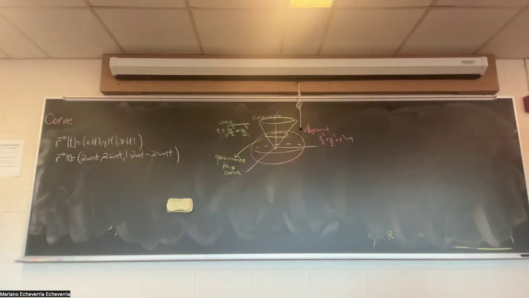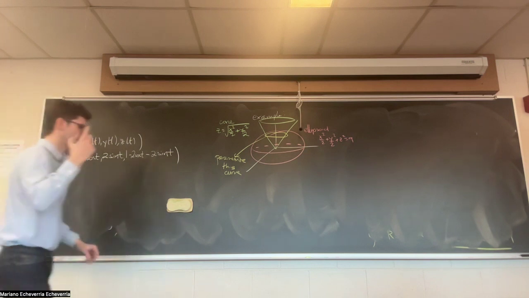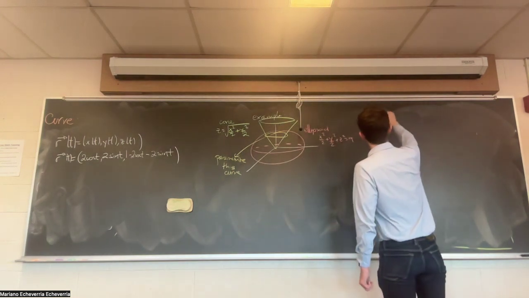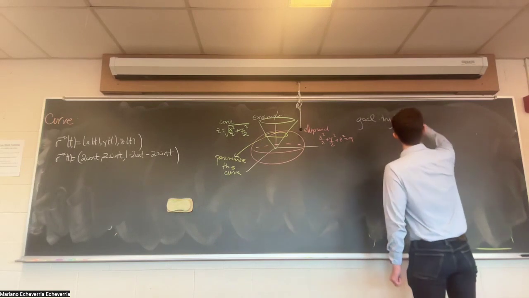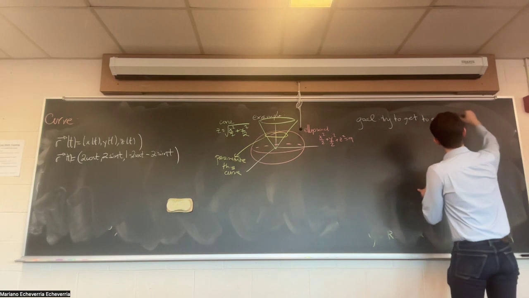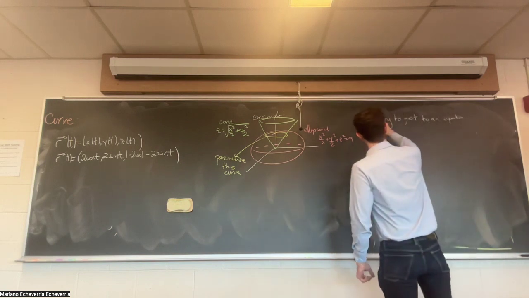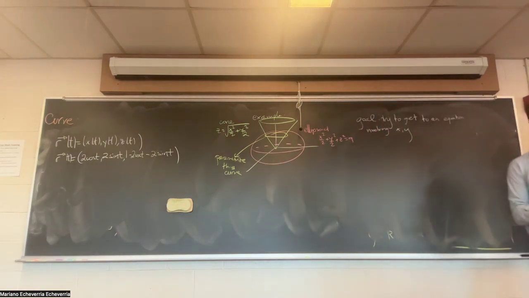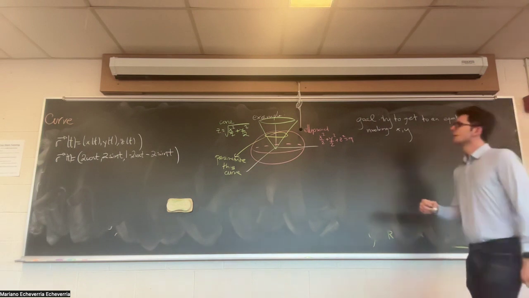Okay. And the goal in general, again, for the type of problems you have to worry about, is to try to get to an equation involving x and y. So how can you do that?